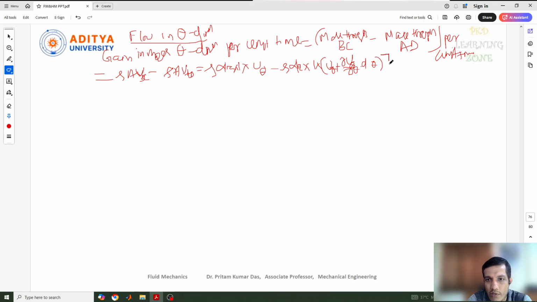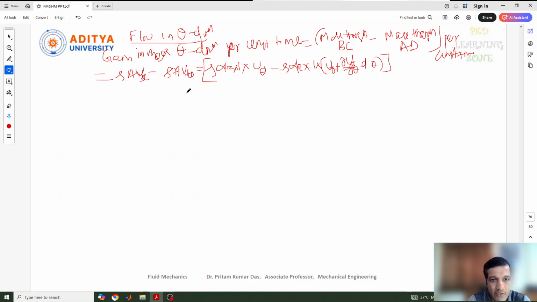Bracket close, and give a square bracket to the total. This is the mass through AD, rho into dr into 1 into u theta plus del u theta by del theta into d theta.